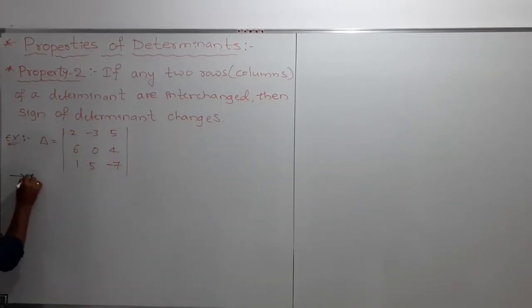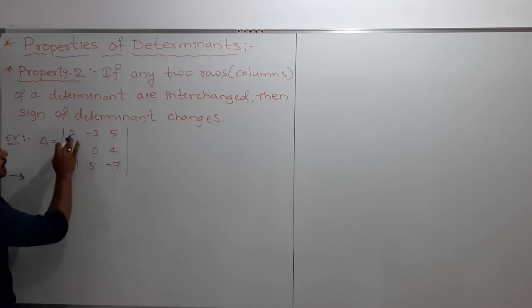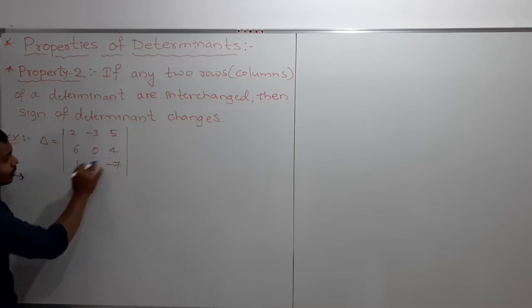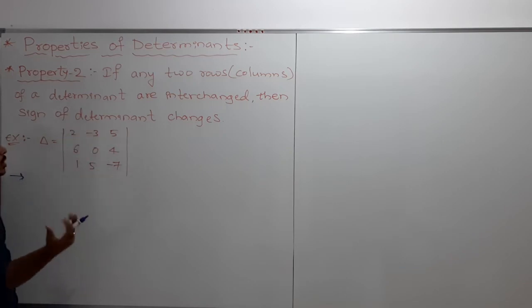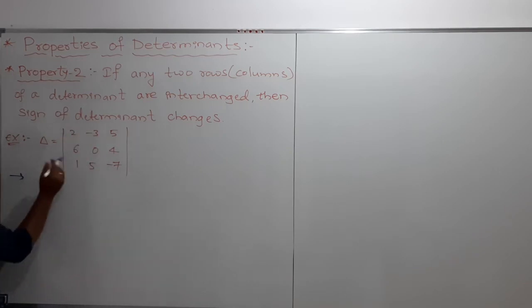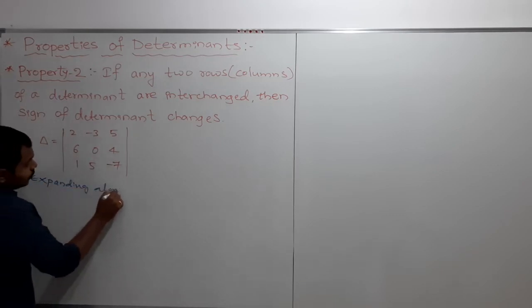So here it is, determinant is equal to, I am expanding along, please remember, for any determinant you can expand along row 1 or row 2 or row 3, or you can expand along column 1, column 2, column 3. So for now I am expanding along row 1.